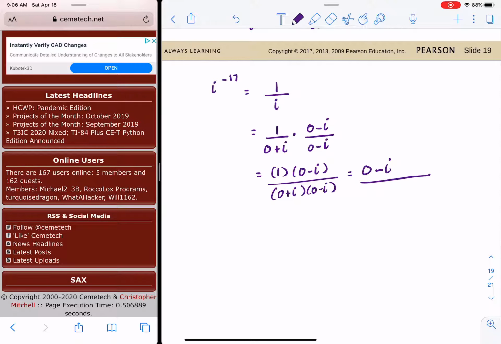In the denominator, if we FOIL, we have 0 plus 0 plus 0 minus i squared. But what do we know about i squared? i squared is negative 1. So we have negative i over 1. So the answer is negative i.